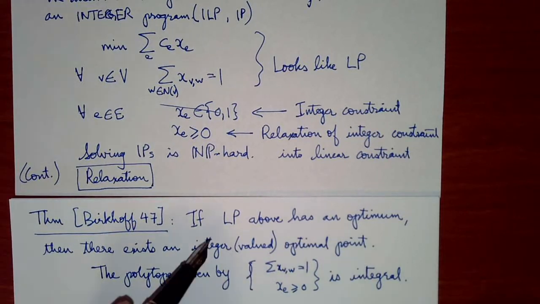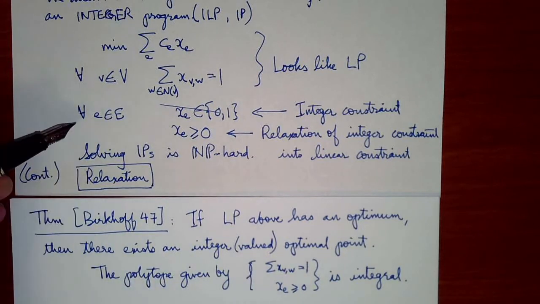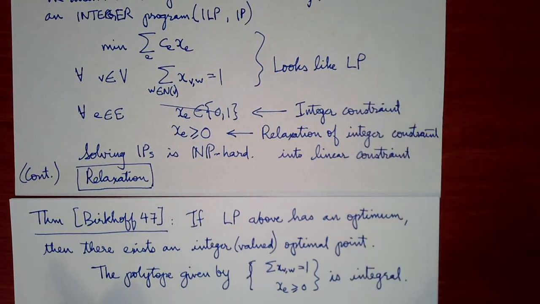There also exist solutions that are not integers, but what it says is if there exists an optimum solution, there will exist one with integer values, and hence, essentially, if you solve this LP, you solve the discrete problem. Okay, so any questions about this? This is a very important point, so I want to make sure that I answer any questions if there's any confusion about this.